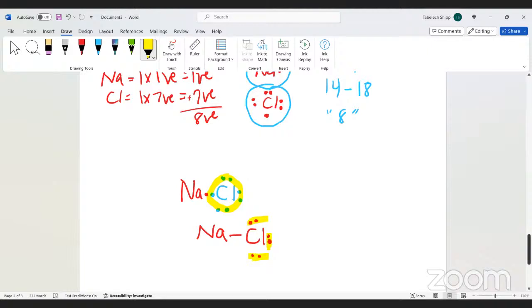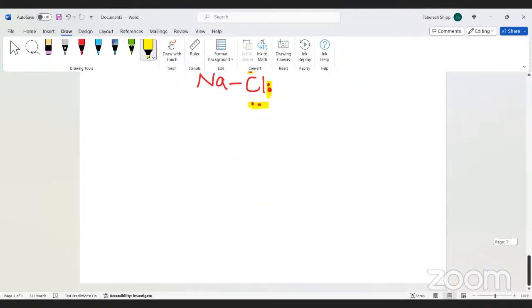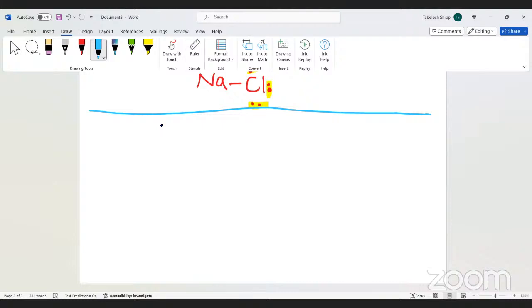Now, we're going to do another one because I want to make sure that you guys are good to go. Okay. So you've got this next example here, NH3. We've got nitrogen. We also have hydrogen. We've got 1 nitrogen, but we have 3 hydrogens.